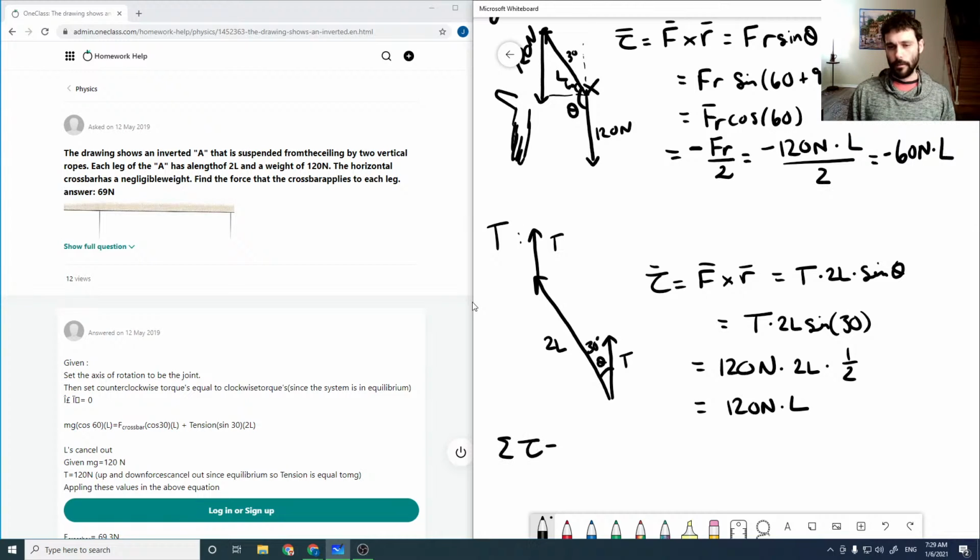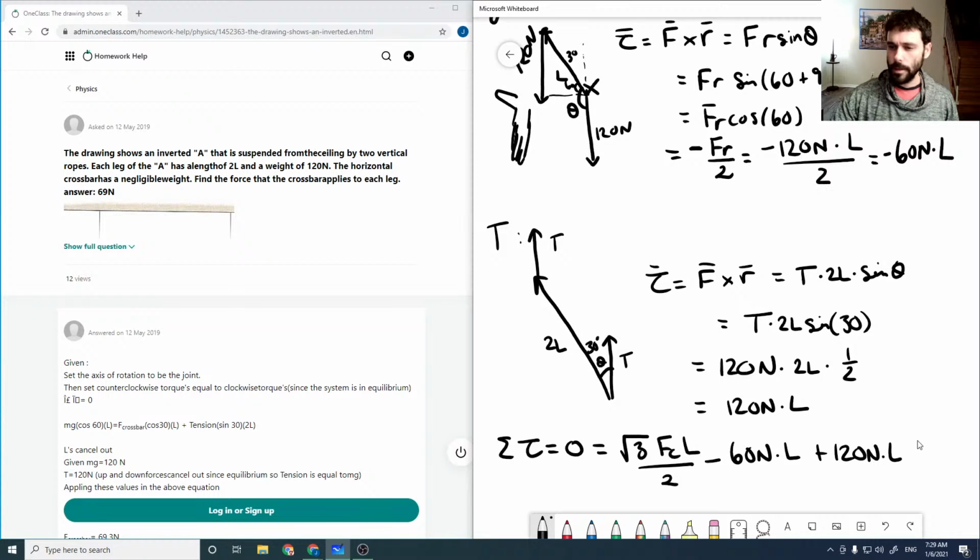So we have that the sum of our torques is 0, and so this is going to be just collecting them all together: root 3 FC L over 2 minus 60 newtons times L plus 120 newtons times L.